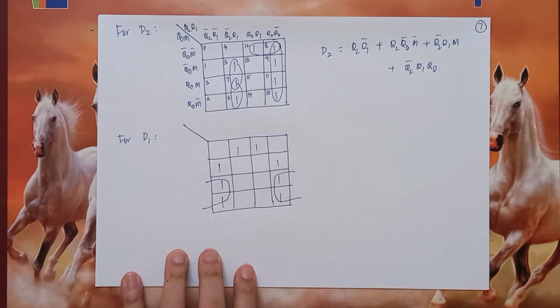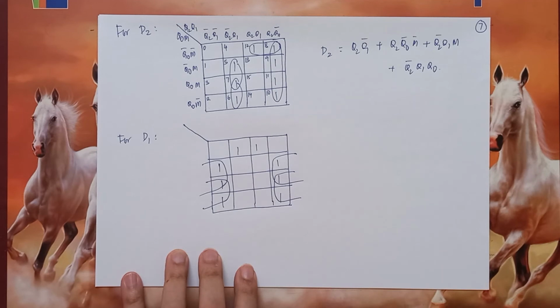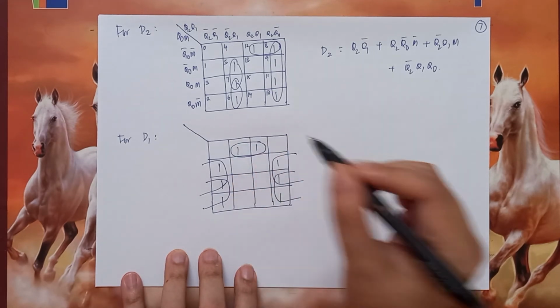One group like this, another group like this, and the third group will be these two.